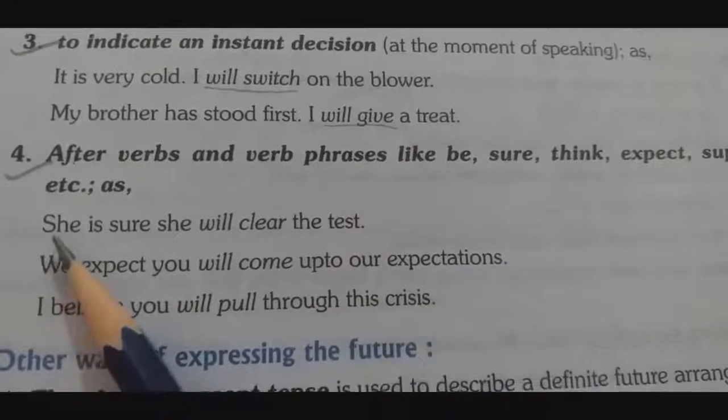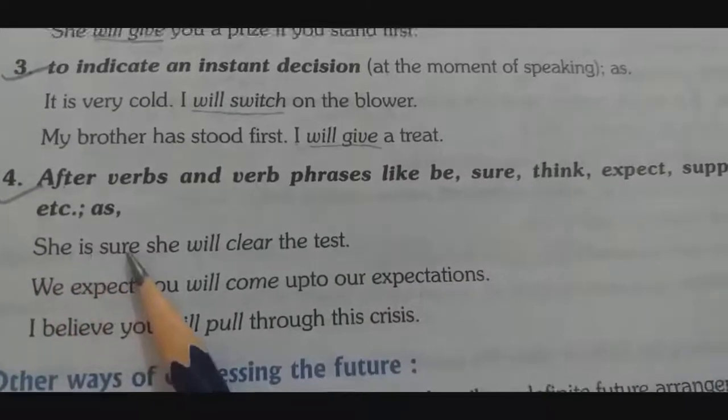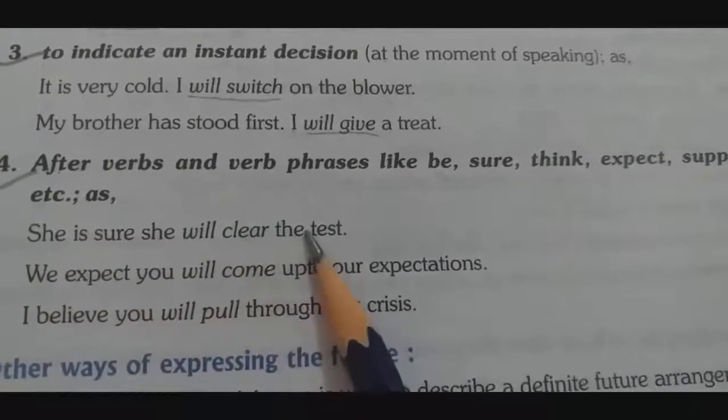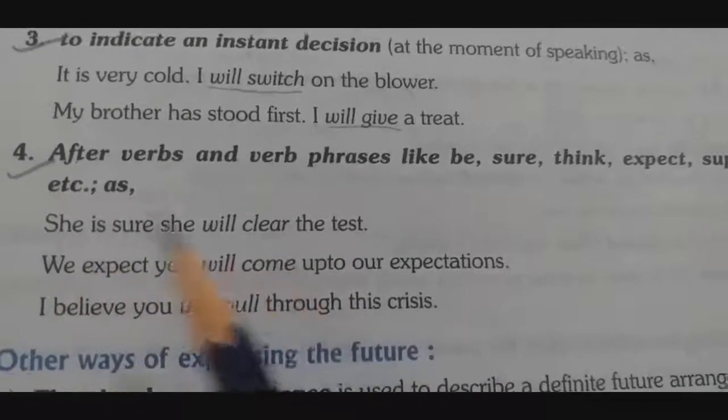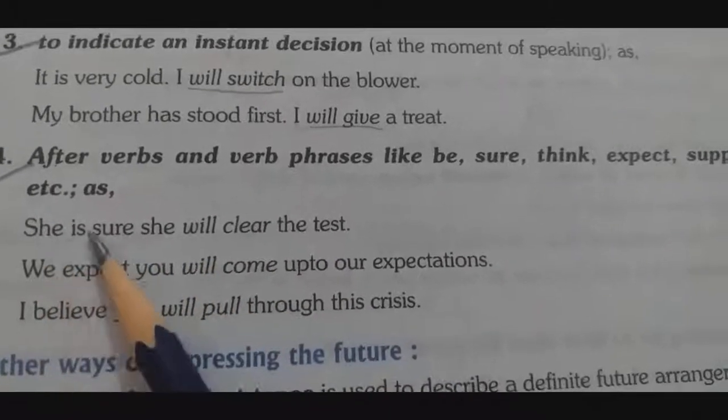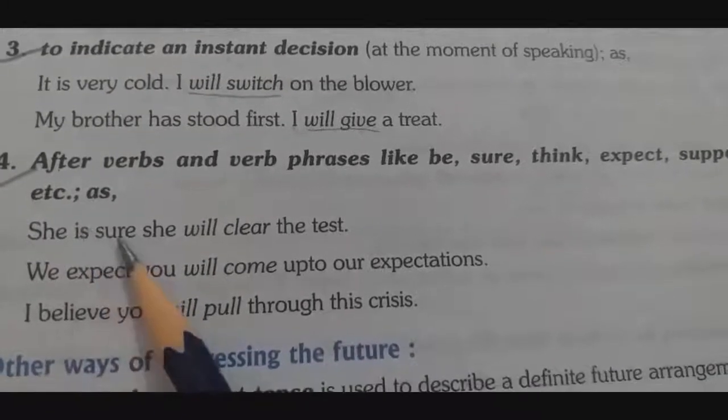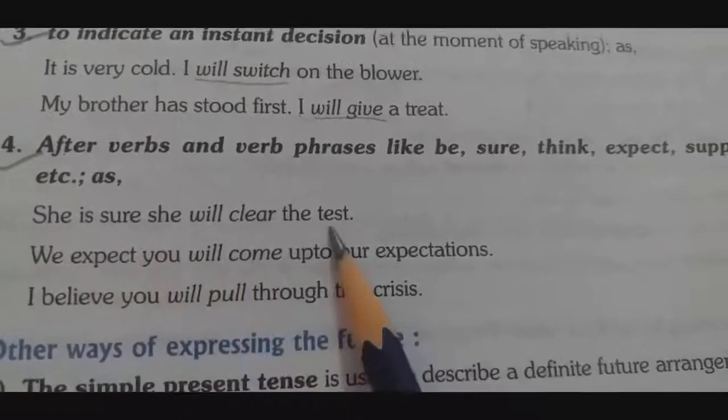Example: she is sure she will clear the test. So what is the sentence telling? The sentence is telling that she is sure, she is fully certain, that she will clear the test.